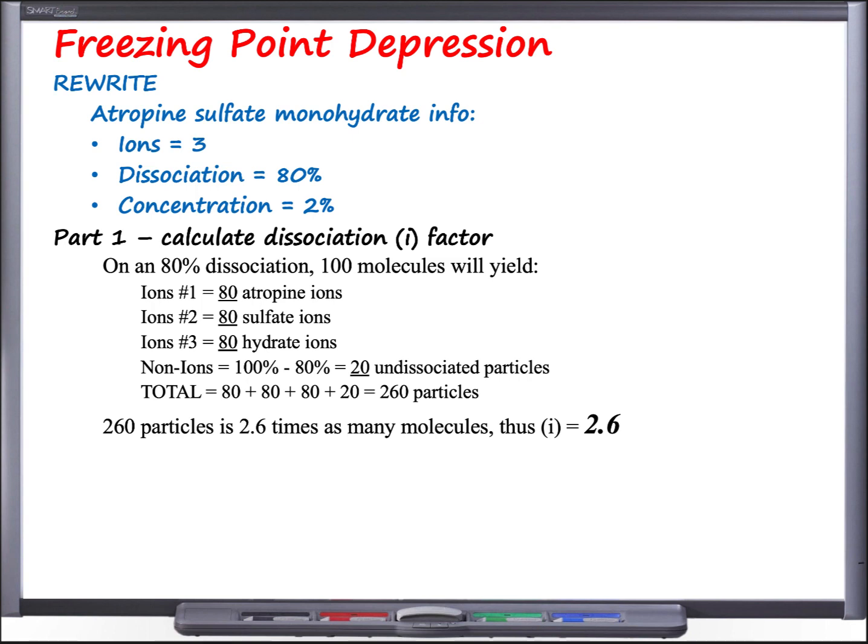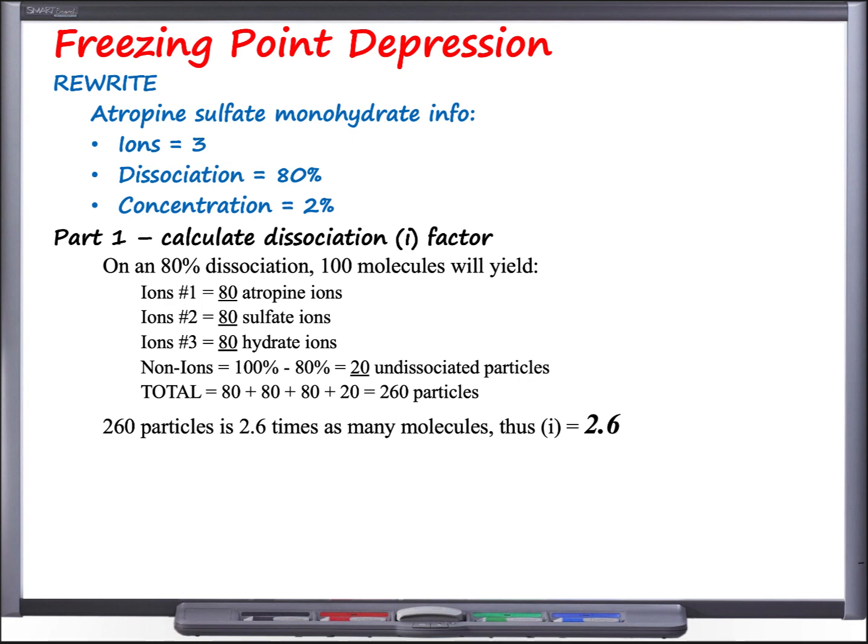Now, when one of those molecules dissociates, what does it dissociate into? It dissociates into 3 ions. We were given that in the question: it dissociates at 80%, and when it does dissociate, it dissociates into 3 things. As you can see listed here, the 3 things are an atropine ion, a sulfate ion, and a hydrate ion. So you will get 3 things for every 1 molecule that dissociates.